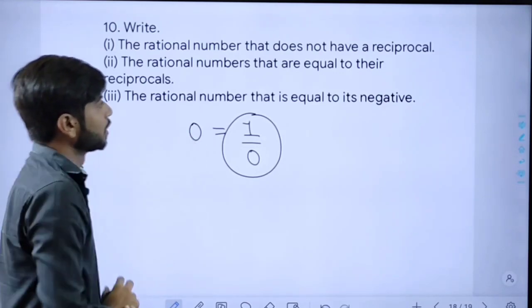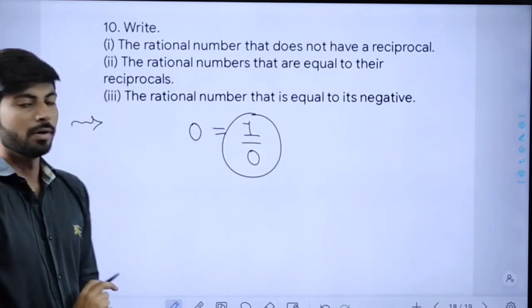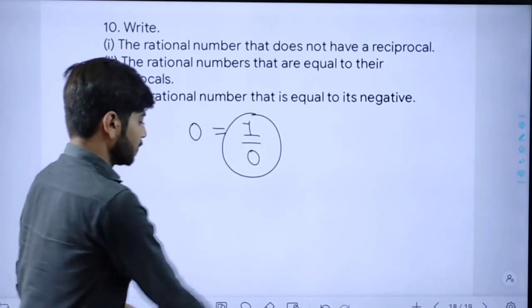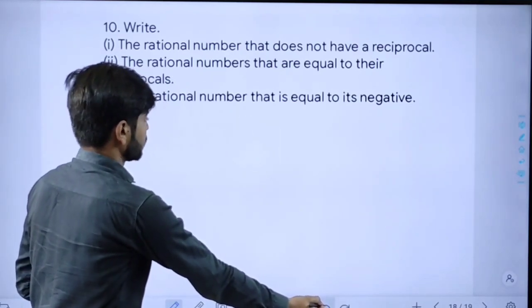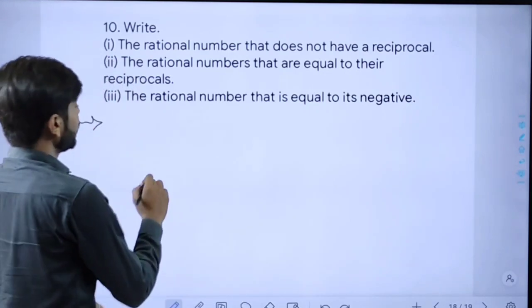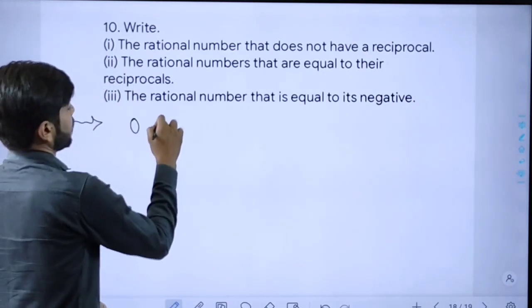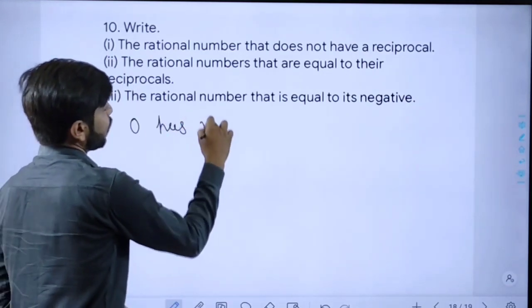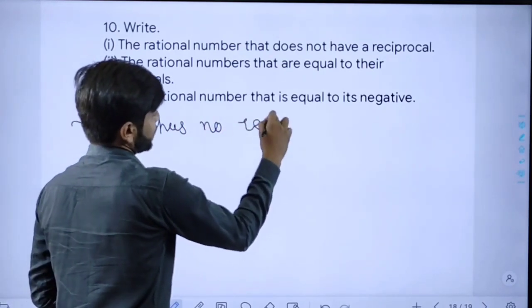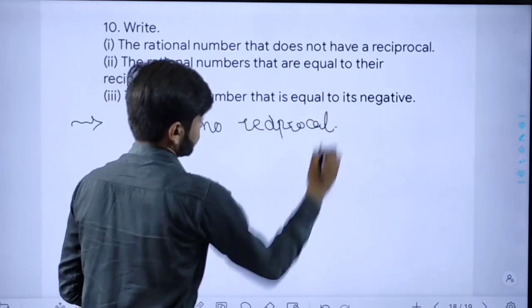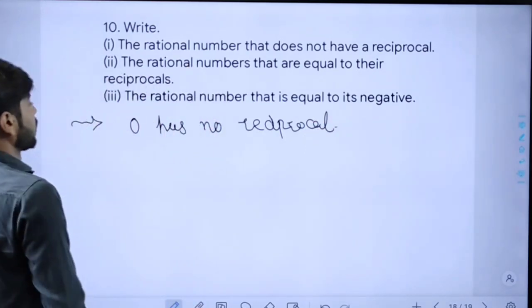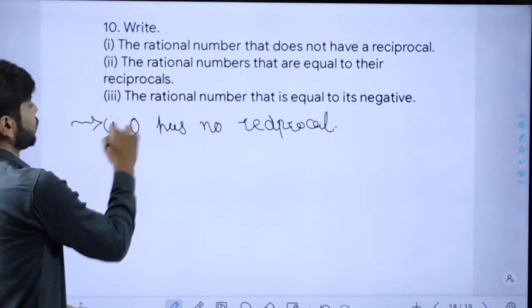So the reciprocal of 0 is not possible. So what will we answer? We will write 0 has no reciprocal. Okay, this is the first answer.